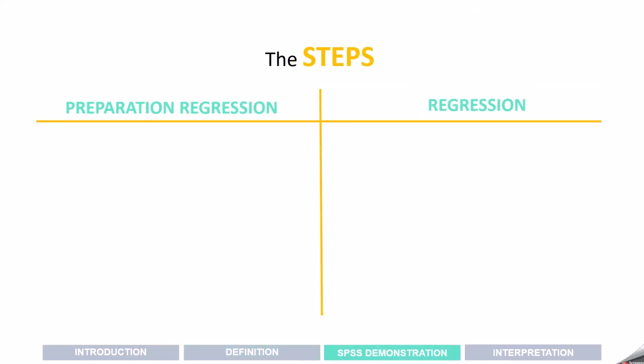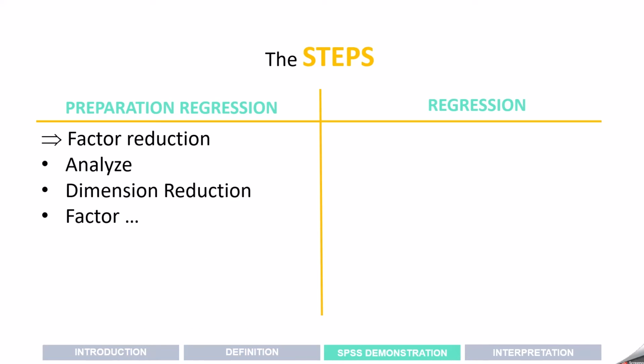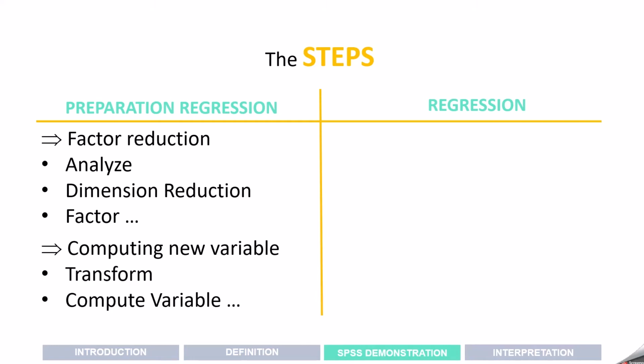on SPSS. Before we run the regressions, we need to prepare something. First of all, we need to do factor reduction, and here are the steps. It's very easy. I'll show it to you later. After we know what variable is loaded into what components, we compute a new variable by doing this step.